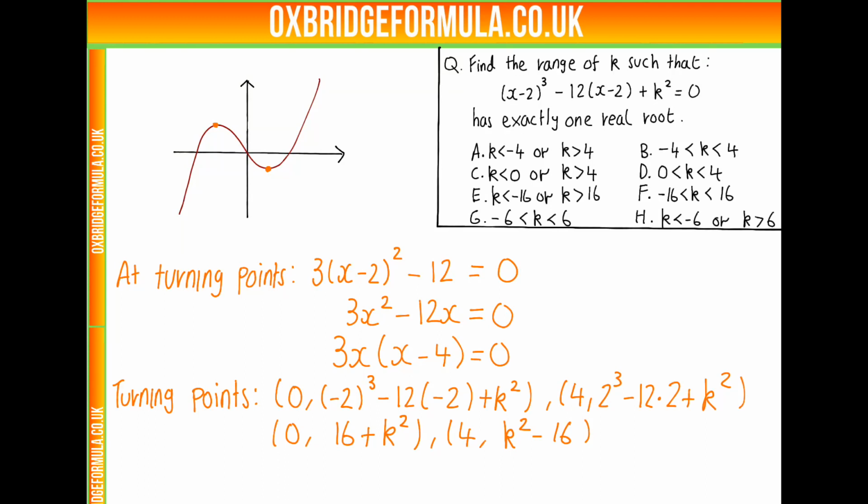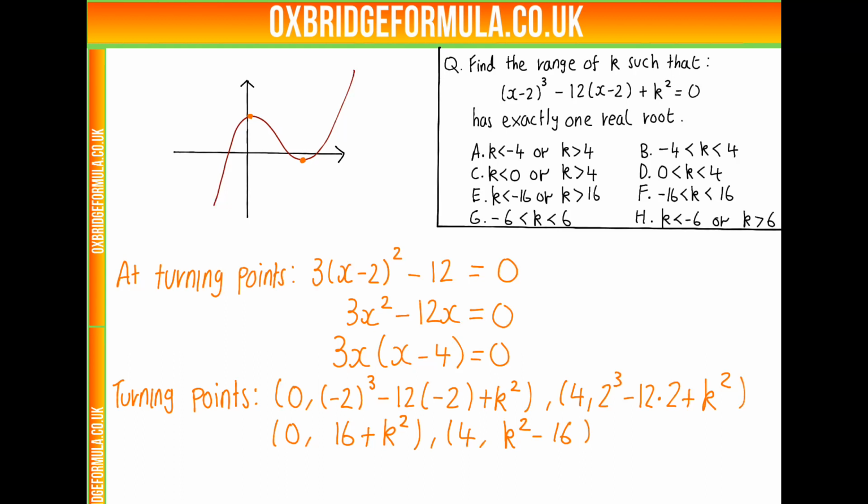So what does this tell us about our graph? Well, we need to update our graph. We know we have 2 turning points, so we've got roughly the right shape. And we know that for x = 0, 16 + k^2 is always going to be greater than 0, so this point is going to be somewhere around here.